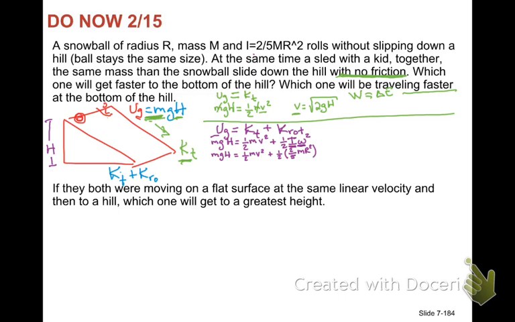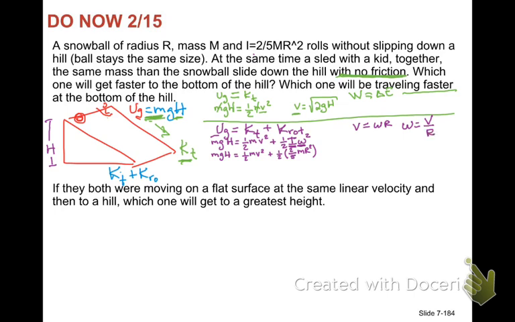The next step will be to make a substitution for the angular velocity to put it in terms of the linear velocity. If you remember, there is a little equation that says linear velocity is equal to angular velocity times the radius. So I'm going to solve for the angular velocity, and I'm going to say that it is the velocity over the radius.